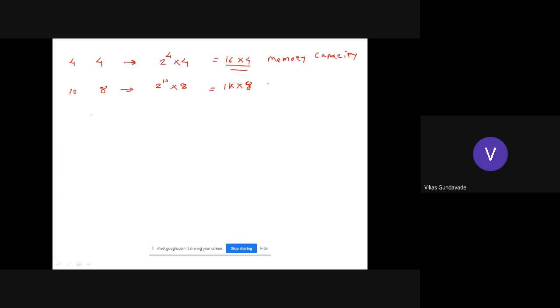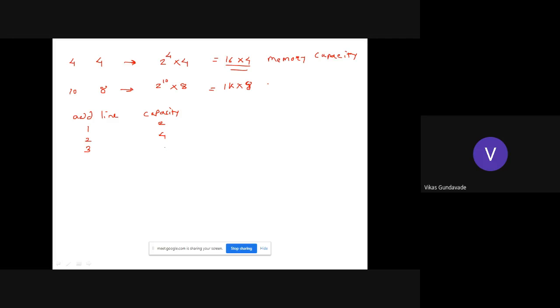Okay. So for the sake of simplicity, we will draw a table where we can represent the address lines and the capacity. If we have one address line, then the capacity will be 2. With 2 address lines, it is 4.